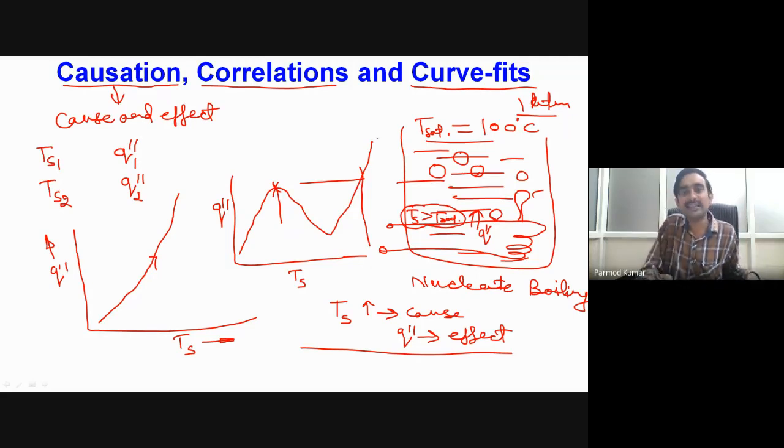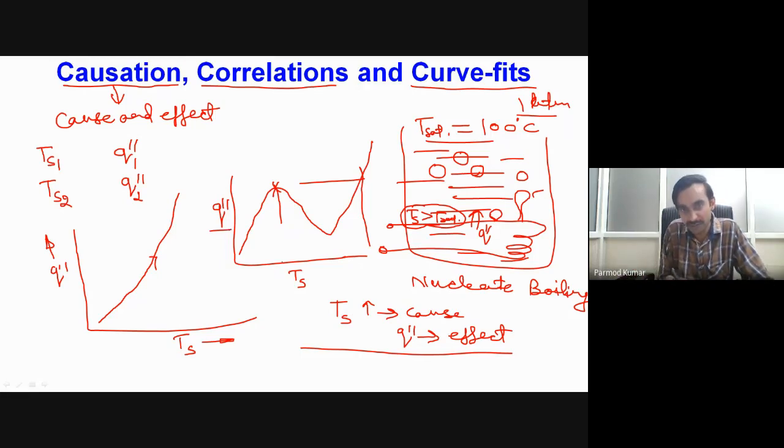Then the second point is correlation. You can see here that this heat flux has some variation with the surface temperature. If you try to correlate this dependence of heat flux and temperature, and if you have already taken the course of heat transfer, in boiling heat transfer we study our boiling curve.